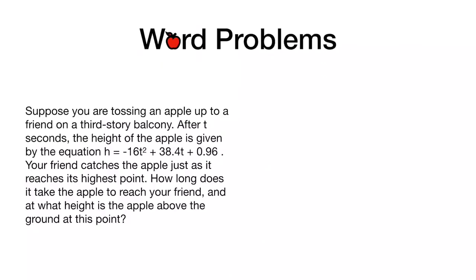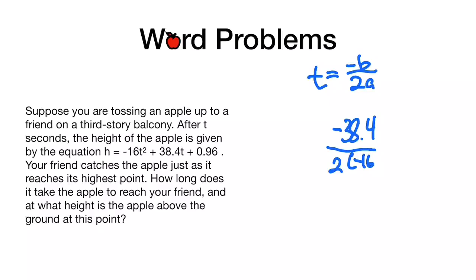So the first thing that we need to do is realize that t is the equivalent to x and h is the equivalent to y. At which point that means t would equal -b over 2a, just like x does. So at that point that means -38.4 over 2 times -16.